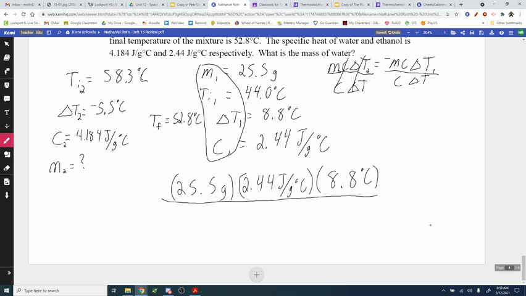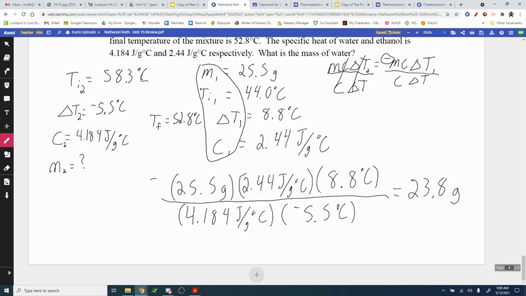Then the water stuff goes on bottom: 4.184 joules per gram degrees Celsius times negative 5.5 degrees Celsius. And there's also a negative up here because that is in the equation, so this negative and this negative cancel each other out. Then we do our math and we get an overall answer of 23.8 grams of water. And that is that.